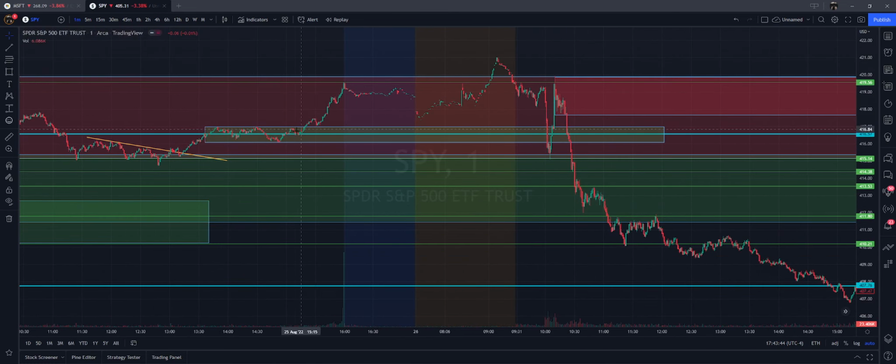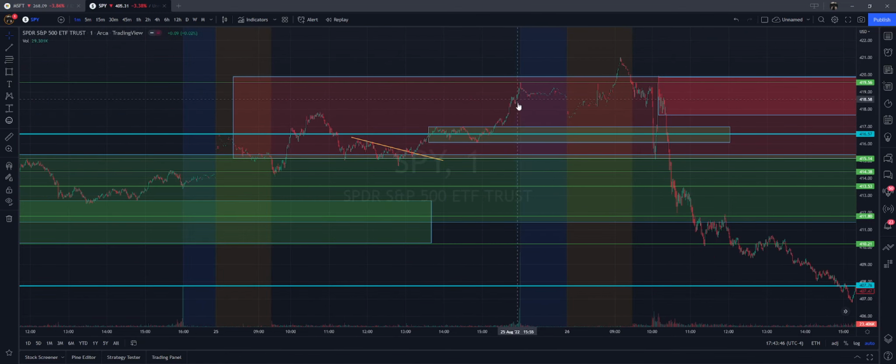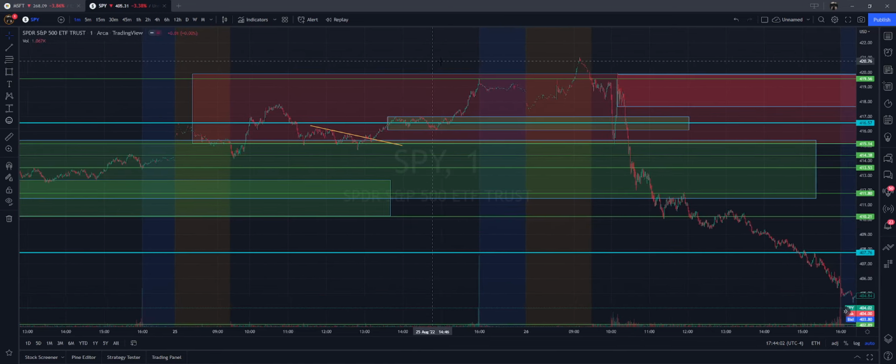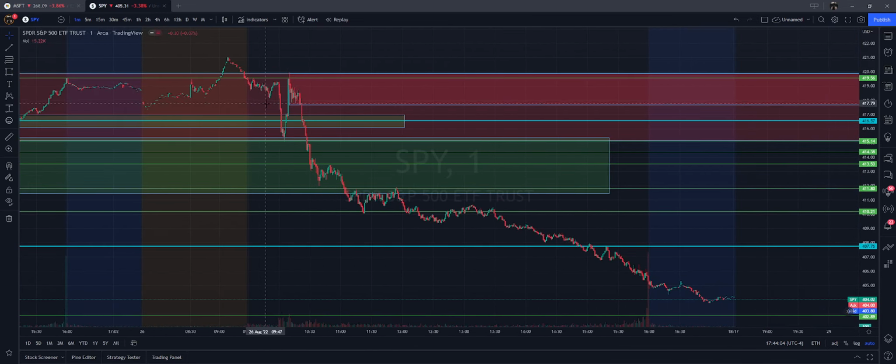And then this one is very simple, right? It has 415 to 418 or 419. A $3 move is an ideal place for you to take profits. It's not that hard, right?